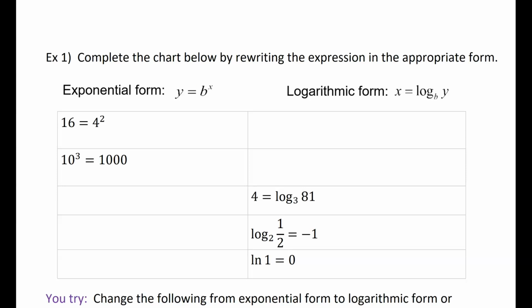So you'll want to notice the special pieces to it here. In the exponent, we have a base of b. That's also the base on the logarithm. In the exponent form, we have b raised to an exponent is equal to y. The equal to portion is the argument in the logarithm.